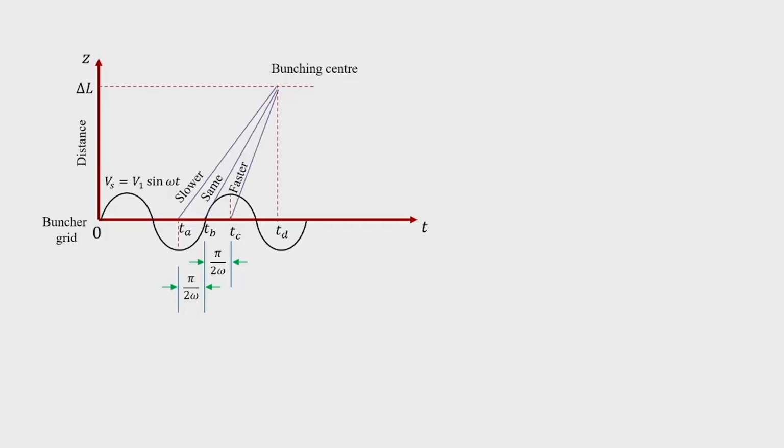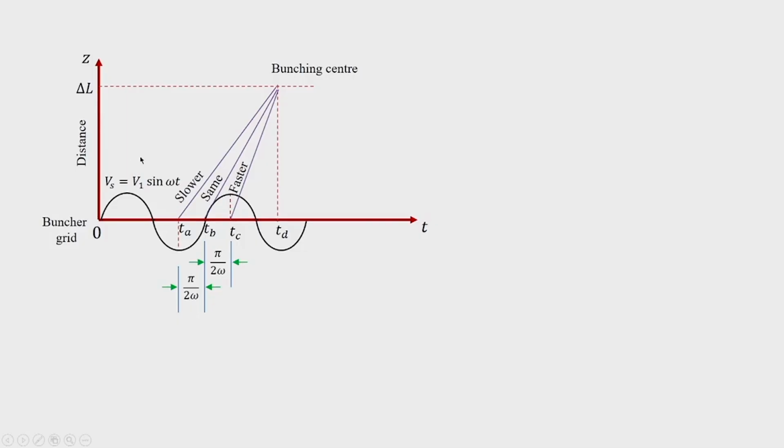Now, this is the diagram where we explain the effect of this velocity modulation, and we have already mentioned that when this velocity modulation is present, the slower moving electrons which entered earlier can meet the faster moving electrons which enter later.